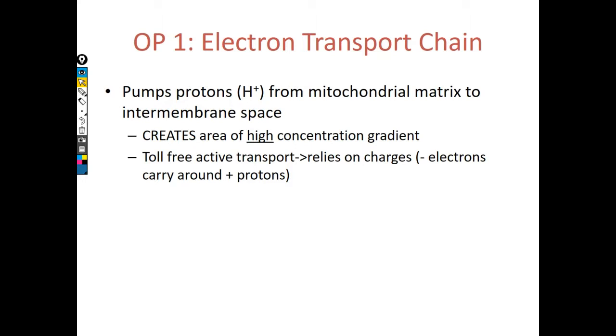So this is where my cheating comes in. I'm going to rely on my charges. I'm going to combine some positive and negative charges temporarily and smuggle or hide my protons as they pass across that membrane.